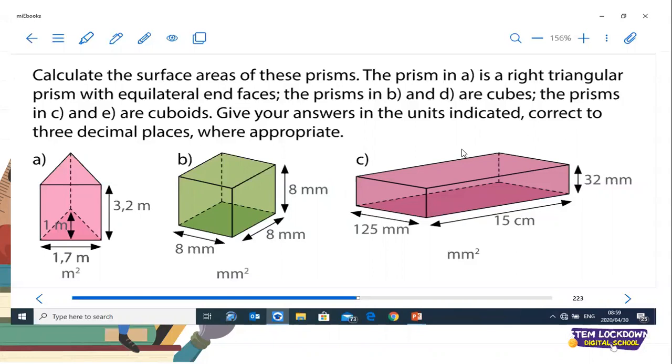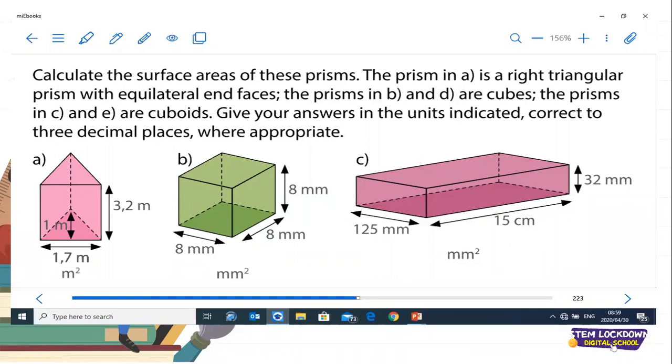V, which stands for the volume, is equal to half base multiplied by the height, which is a small letter h, multiplied by the bigger letter H, where the small letter h stands for the height of the triangle.